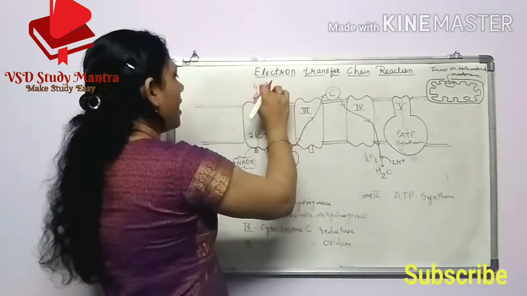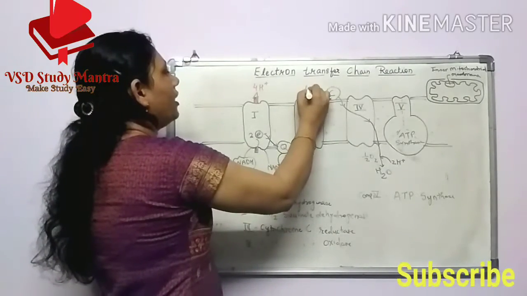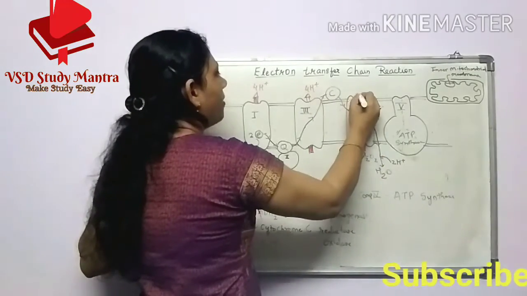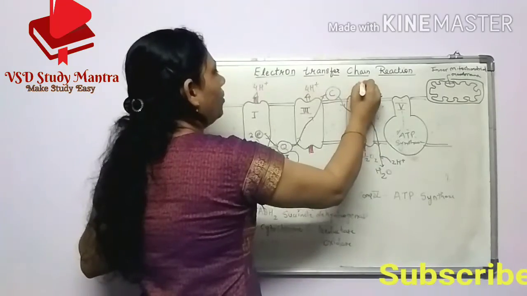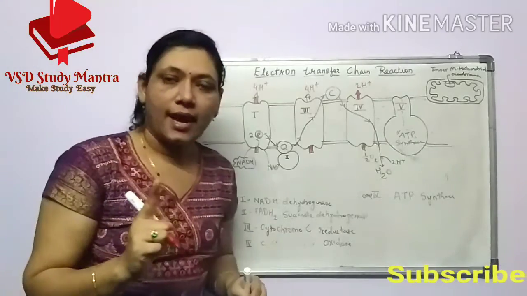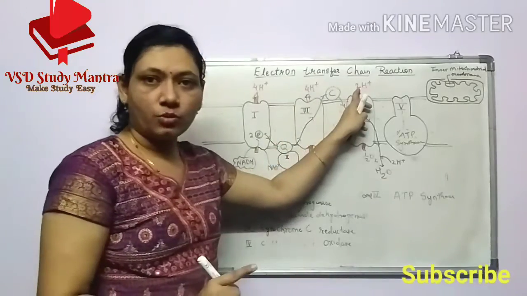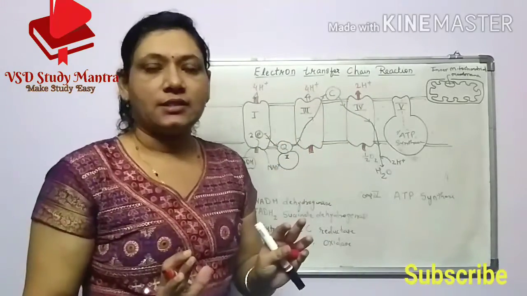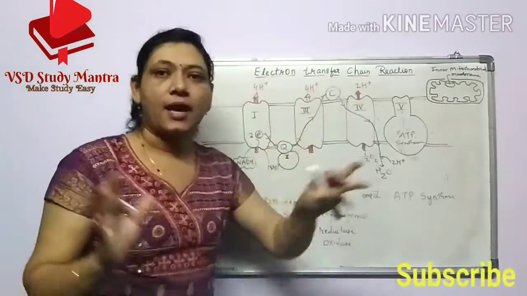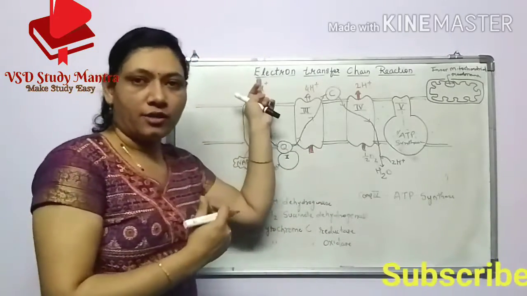Here 4 protons are pumped to the cytosolic side, and here also 4 are pumped. Here 2 are pumped. So for 1 NADH, 4 plus 4 plus 2 means 10 protons are pumped up from the mitochondrial membrane to the cytosolic side.